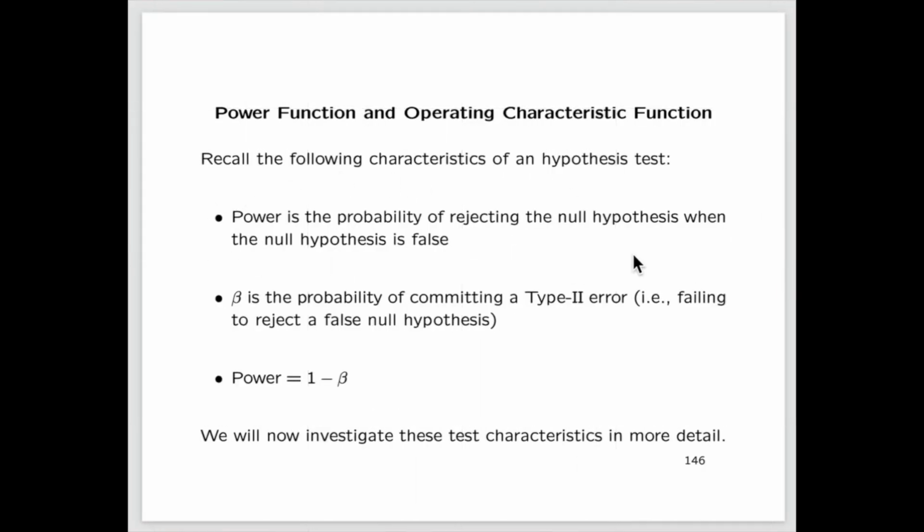Okay, I've updated that. I like the way that reads better. So power is the probability of rejecting the null hypothesis when the null hypothesis is false and should be rejected.